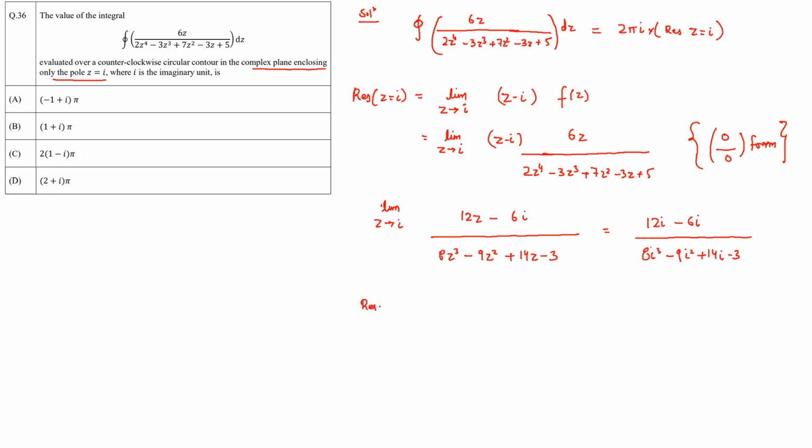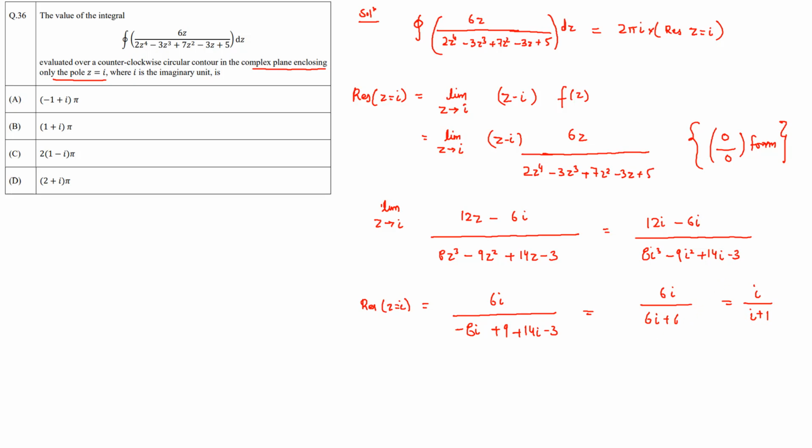So the residue at z is equal to i will be 12i minus 6i, that is 6i in the numerator, upon 8i cube, which is minus 8i, plus 9, plus 14i minus 3. So this is just 6i over 6i plus 6, or i over i plus 1.